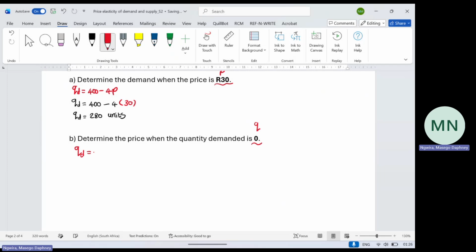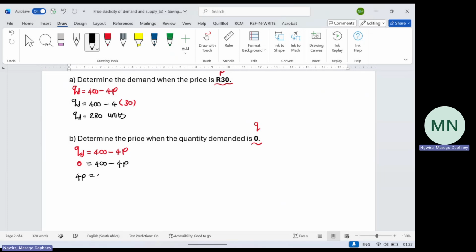So QD equals 400 minus 4P. Then we are going to substitute. They said that this is 0, so we are going to have 0 equals 400 minus 4P. Then we need to solve for P. So you take this to the other side, so this will be a positive 4.